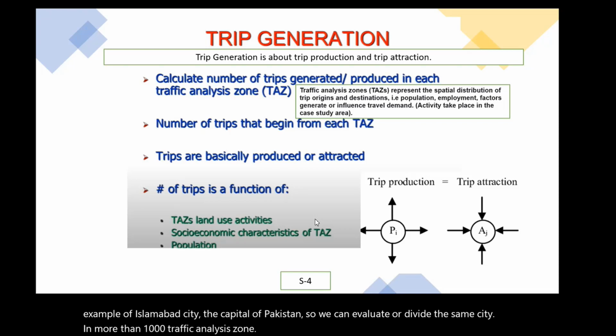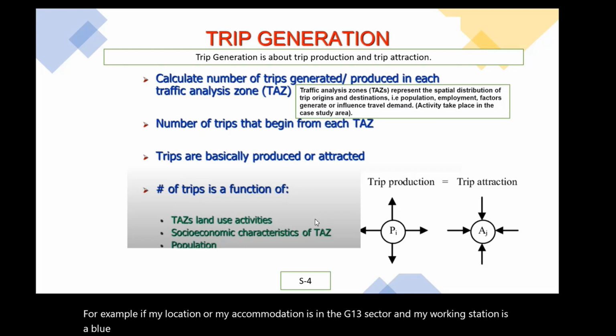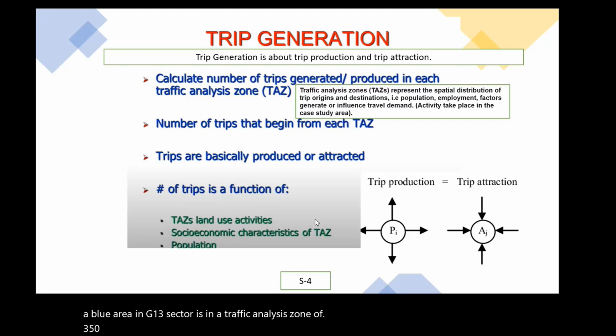For example, if my accommodation is in the G13 sector and my working station is Blue Area, and G13 sector is in traffic analysis zone 353, while my working location, Blue Area, is in 750 something.